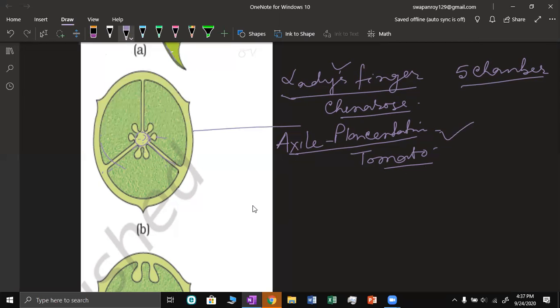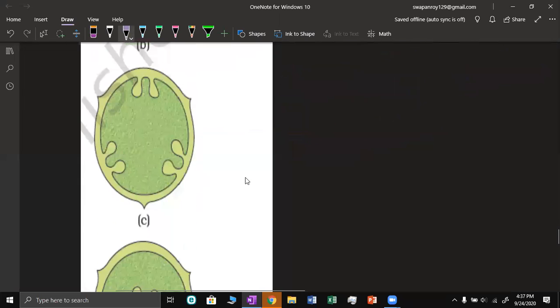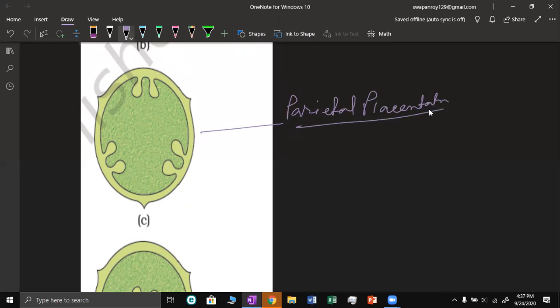Next one is parietal placentation. What is the difference from the first one? Here the ovules are attached to the inner wall of the ovary.